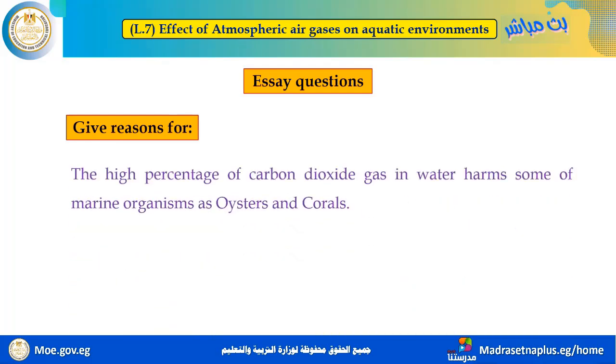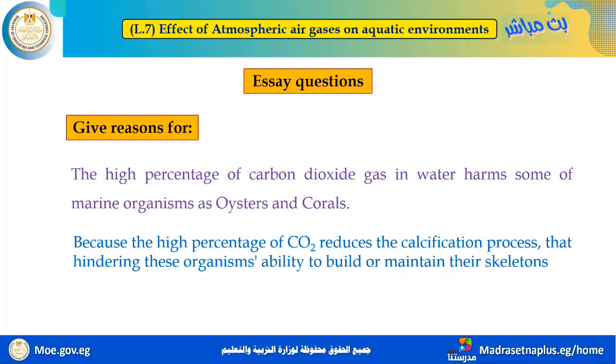Another one: the high percentage of carbon dioxide gas in water harms some marine organisms such as oysters and coral. Yes, because the high percentage of carbon dioxide reduces the calcification process, hindering these organisms' ability to build or maintain their skeleton.